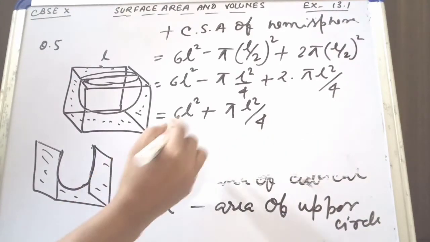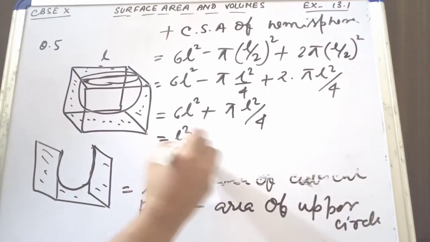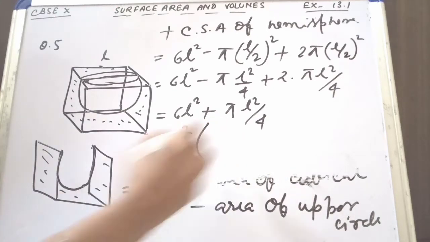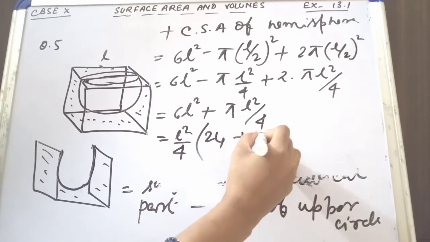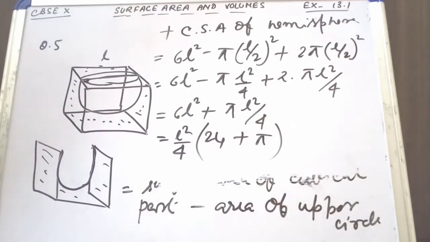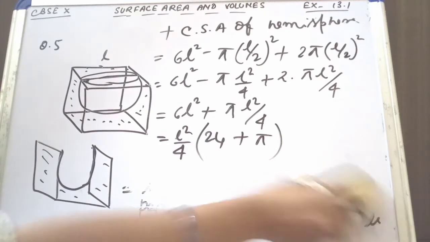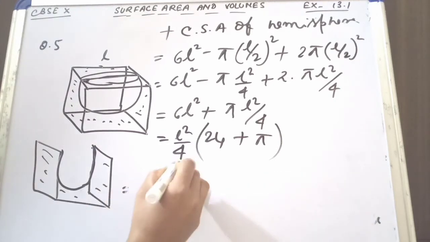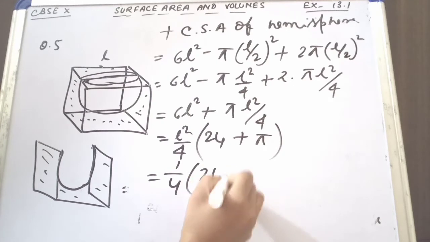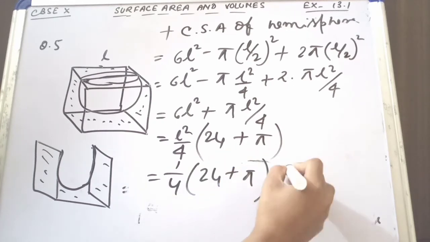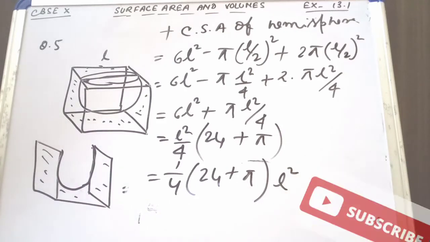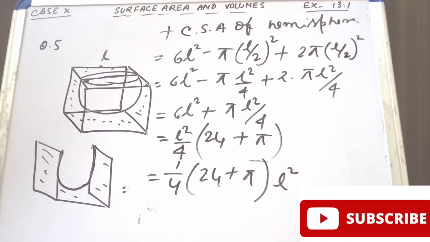Now taking L square by 4 common, 4 6s are 24, plus pi. So it is equal to 1 by 4 into 24 plus pi into L square. So that's the answer.